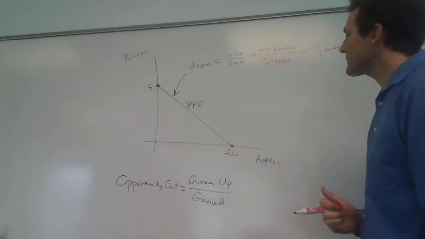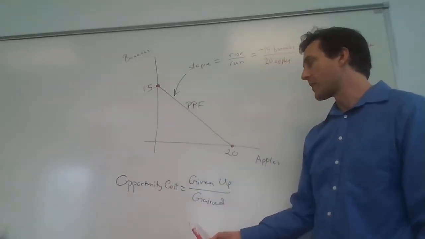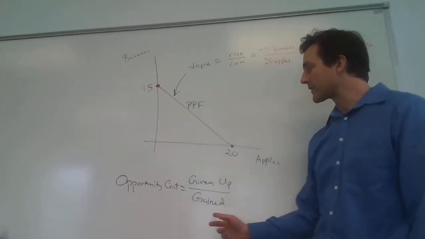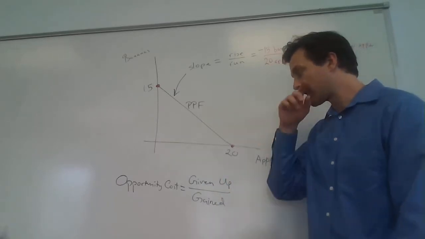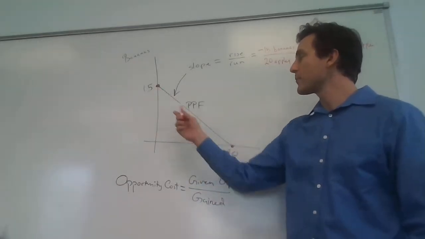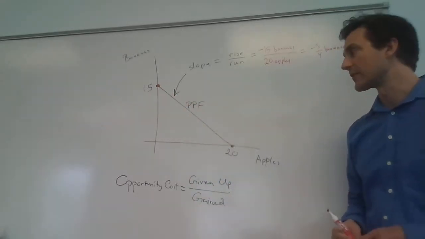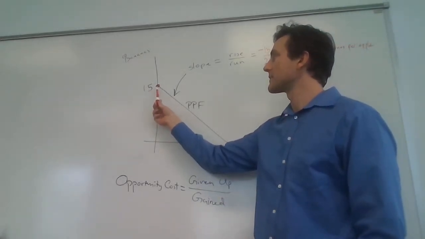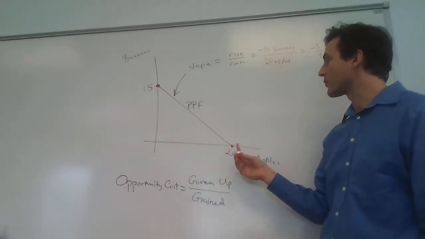Now let's think about this another way, as opportunity cost. Remember, one way to calculate opportunity cost is to think about what is given up and what is gained, and divide what is given up by what is gained. Going from the same point, the y-intercept to the x-intercept, the bananas intercept to the apples intercept, we're going from producing 15 bananas and 0 apples to producing 0 bananas and 20 apples.